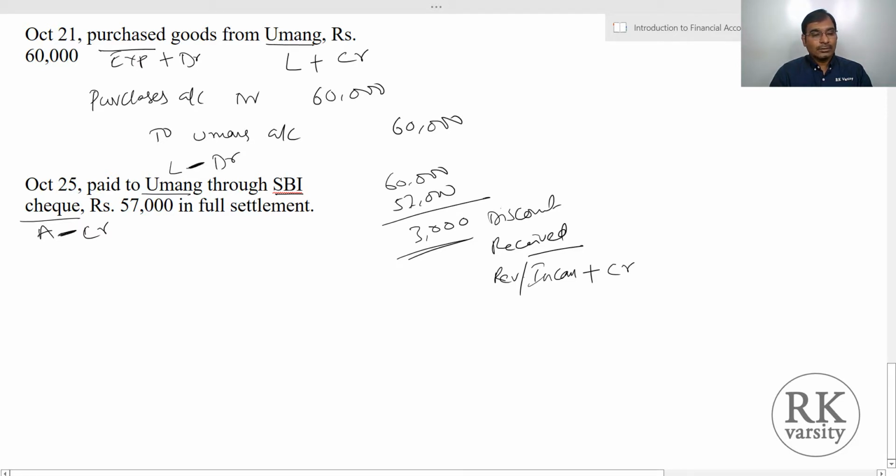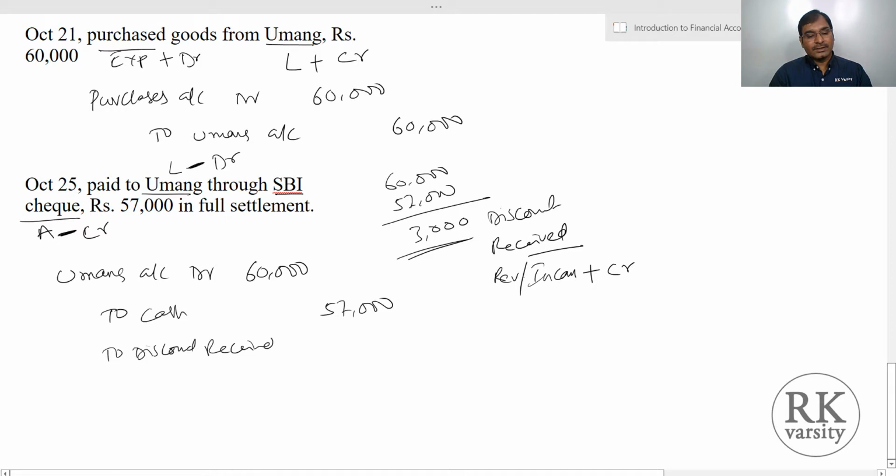So we'll write the transaction as Umang account debit. What is the total amount that we have to pay to Umang? 60,000. We'll write 60,000 here. And in this we paid in the form of cash, how much? 57,000. And discount received is 3,000. So the total is 60,000.